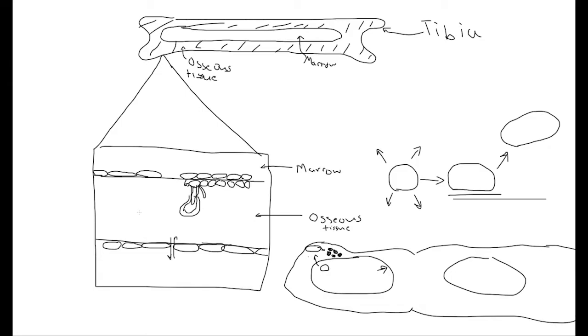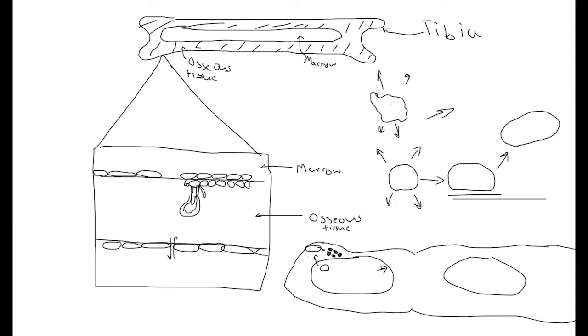Now, the next type of cell I want to talk about is also derived in the marrow. Once it's been differentiated in the marrow from another cell in the marrow, I'll do it a bit differently so that we can tell the difference between the diagrams. A cell in the marrow can differentiate into several different types of cells.